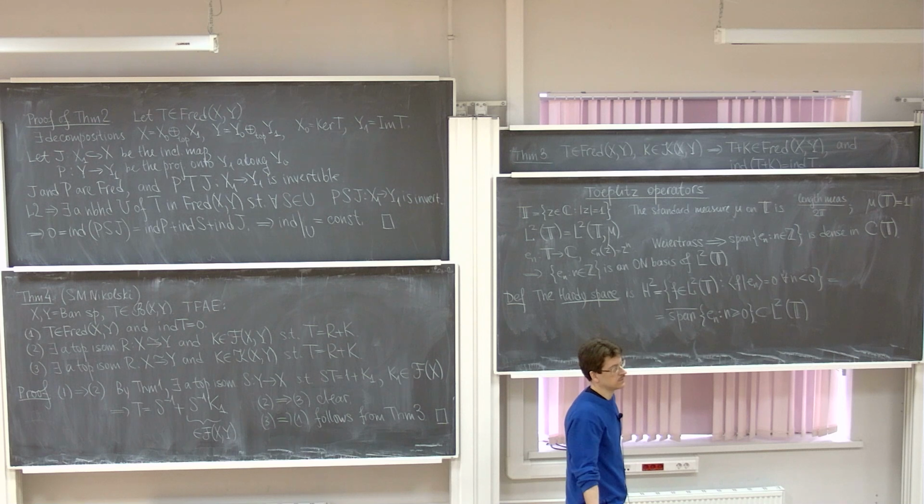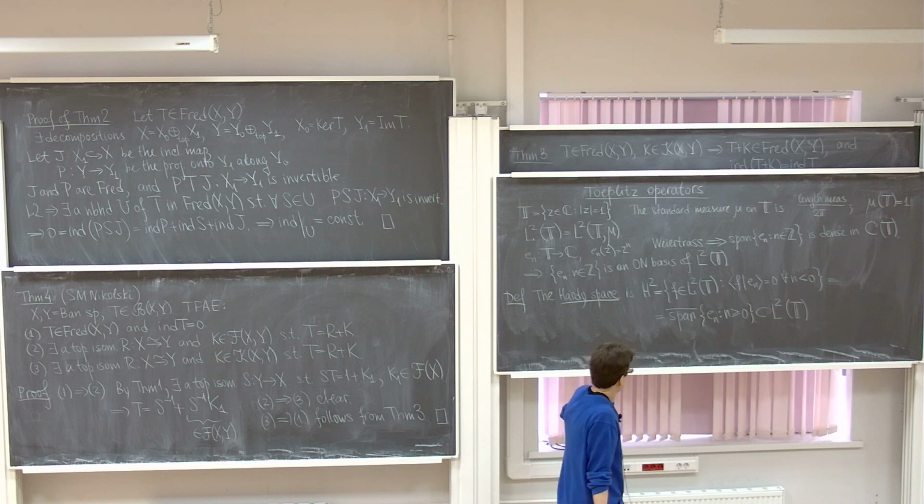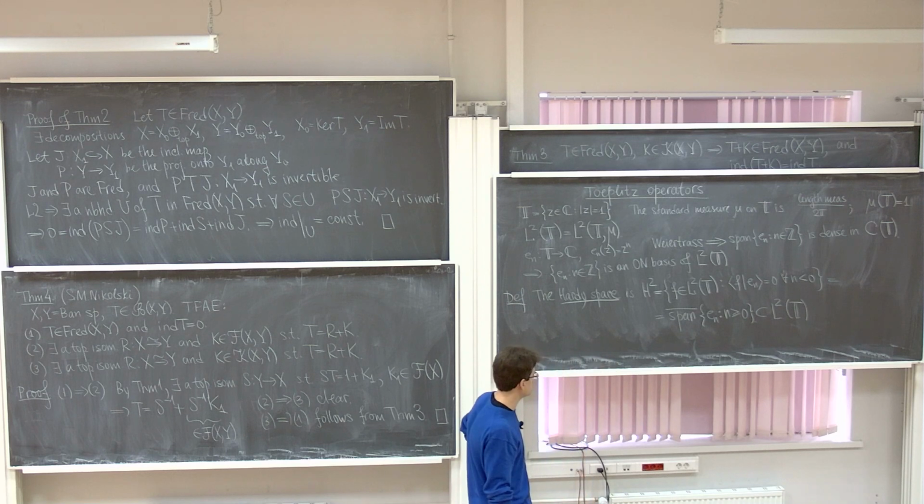So is it some other Hardy space, or are these somewhat equivalent? Maybe I didn't completely catch your definition. So in your definition, it's a subspace of L2 on the disk, or still of L2 on the circle? On the disk. Well, we can define it in a different way as a space of functions on the disk.